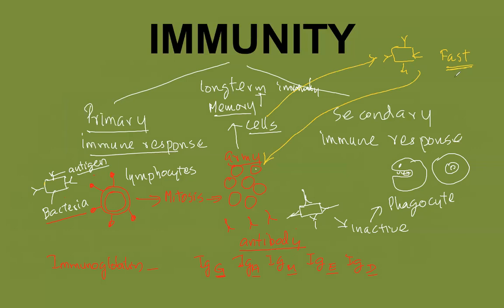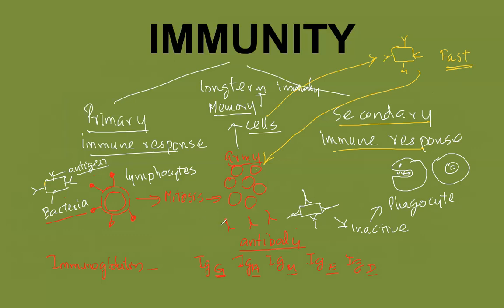In secondary immune response, the response is very fast. It should be the same bacteria, same virus. If the same virus enters, it causes secondary immune response. And here you can see that lymphocytes are forming antibodies, and antibodies produce the immunity.